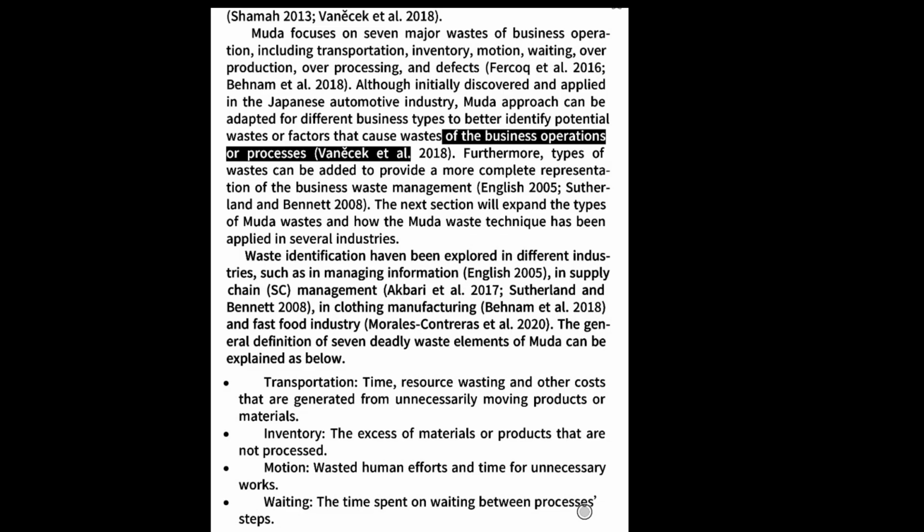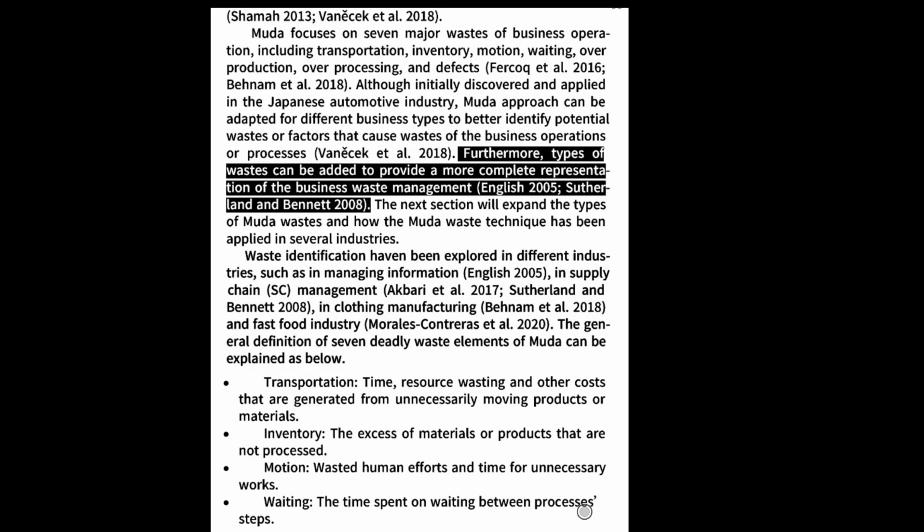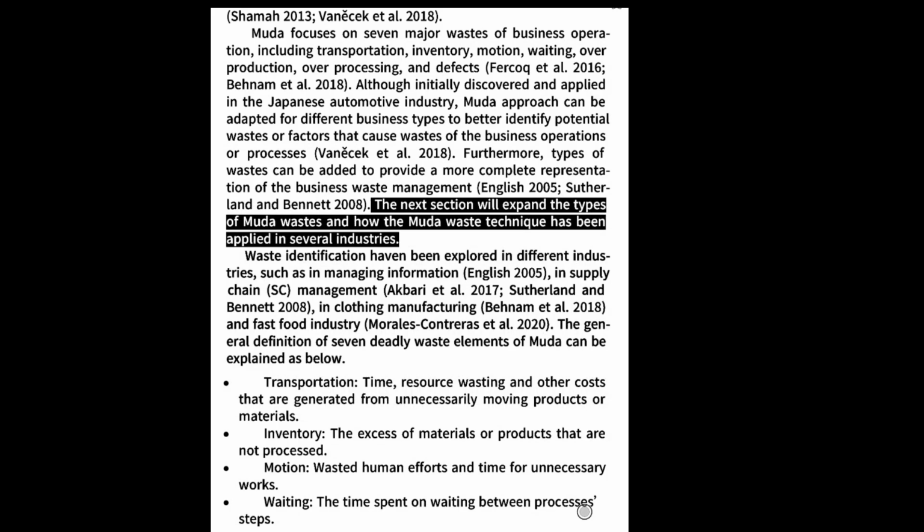Furthermore, types of wastes can be added to provide a more complete representation of the business waste management (English 2005; Sutherland and Bennett 2008). The next section will expand the types of MUDA wastes and how the MUDA waste technique has been applied in several industries.